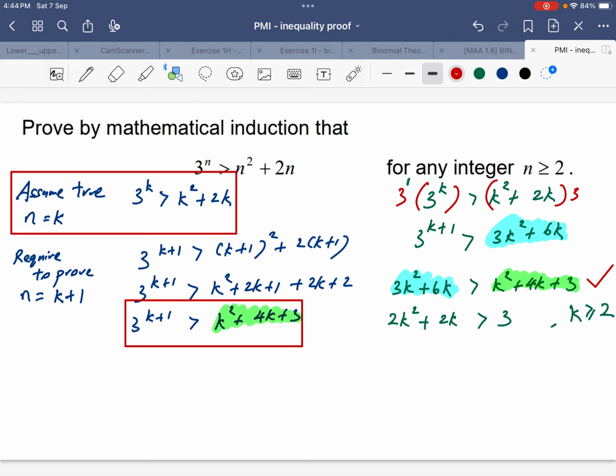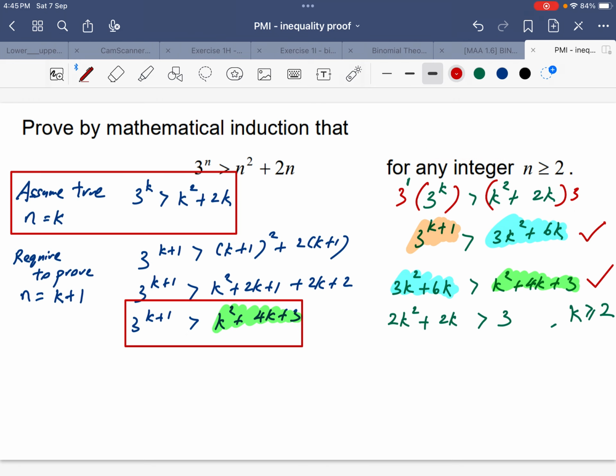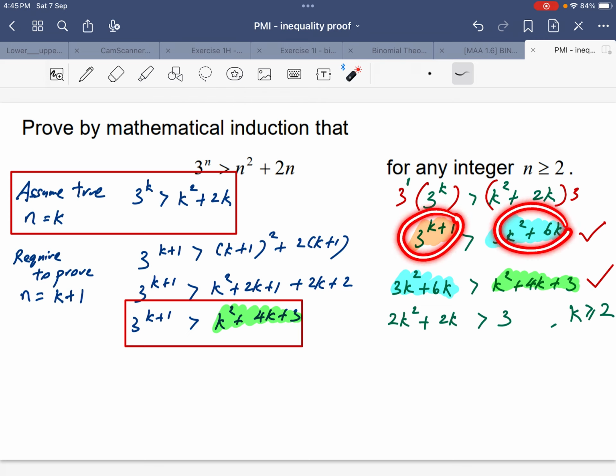Okay. And we also know that we have proven that just now from here to here, we have proven that, let's call it as brown, the brown is greater than the blue. Right? This is also correct because we start with something that we assume that is correct. Then this is the part. Okay, you see, brown is greater than the blue. The blue is greater than the green.